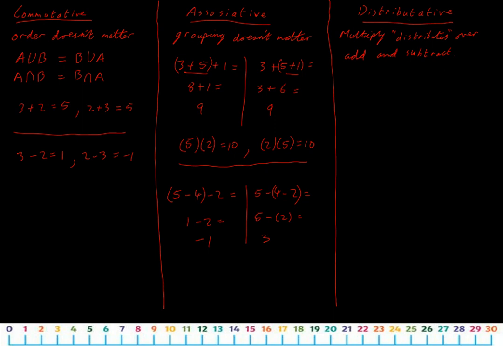Now, the most important idea here, and this is going to be really, really important at the end of the year, is called the distributive rule. And if it doesn't make sense right now, it will when we come back to it later on in the year, but we're going to give a go at it now and we're going to build on it later.